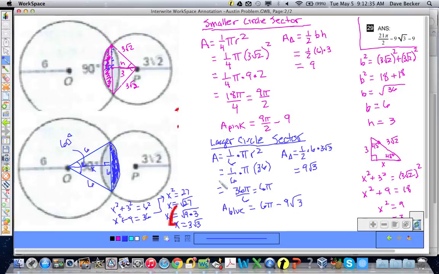Okay? And so I'm going to work out the total area right here. Total gray area, because that's what it initially asked for, is going to be the area of the pink, this, plus the area of the blue, this. So that would be 9 pi over 2 minus 9.